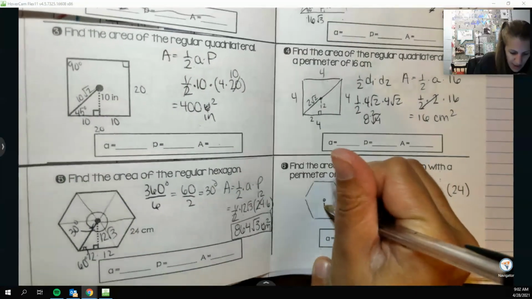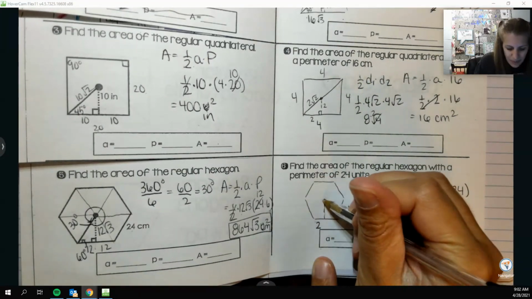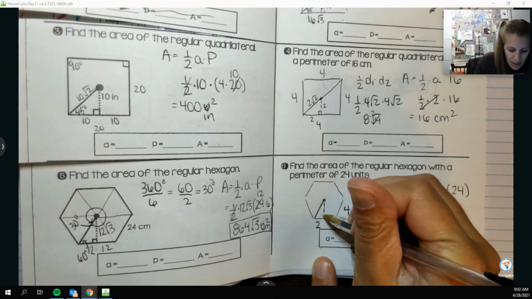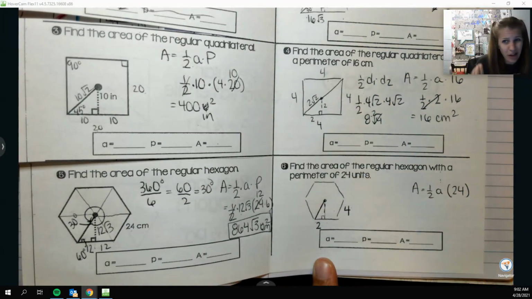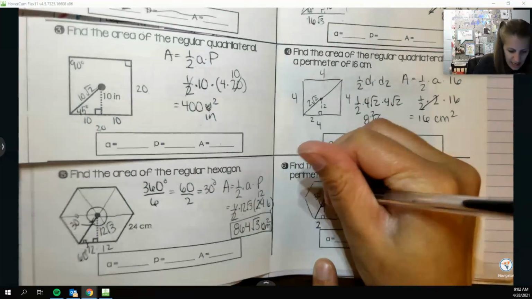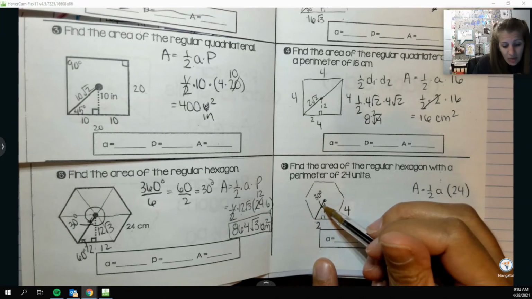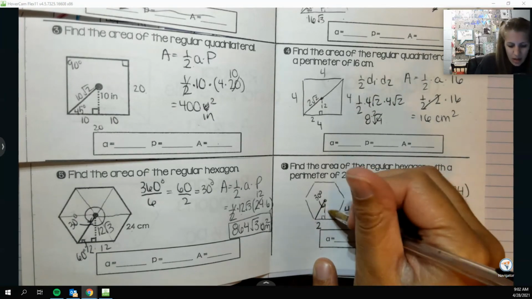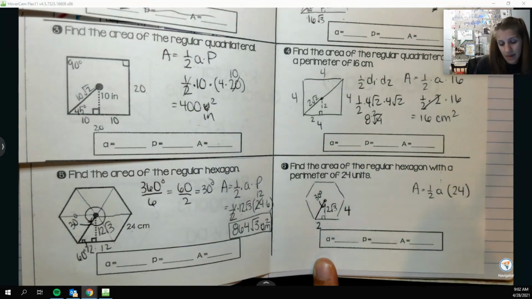But when I draw that apothem in, it splits that 4 in half for 2. And really, this is the same right triangle as this hexagon. It's just either bigger or smaller. And so this top angle is still 30 degrees, and I'm still looking at a 30, 60, 90, where the short side is 2, and so the long leg is 2 root 3, aka my apothem.